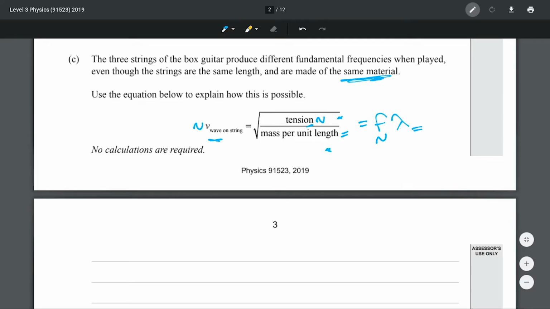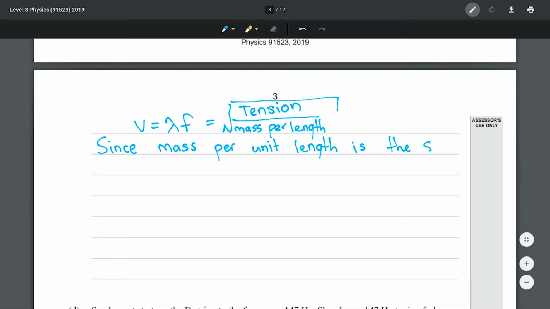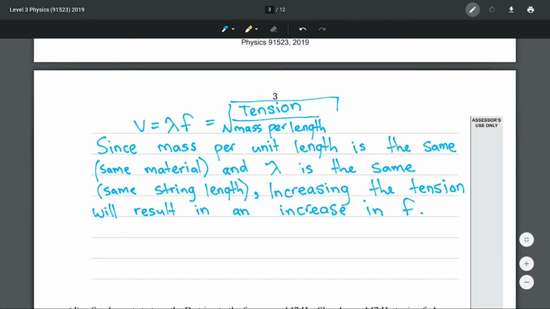So a changing tension, in other words, produces a changing velocity, and within that a changing frequency, given that the mass per unit length is the same because it's the same material, and the wavelength is the same because the length of the string is the same. Let me put that into a nicer sentence. Since mass per unit length is the same material, and wavelength is the same string length, increasing the tension will result in an increase in frequency.